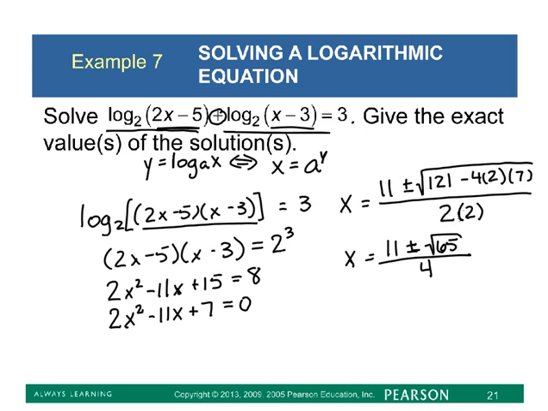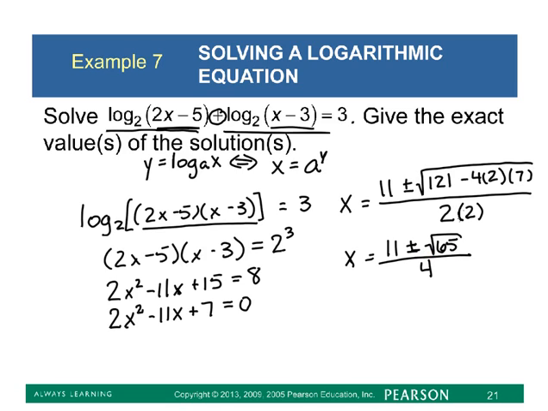Now, at this point, we need to check both of our solutions. So plug back up into this problem right here the x value, 11 plus square root of 65 over 4, to see if that solution works and gives us a 3. And then do the same thing with 11 minus square root of 65 over 4.